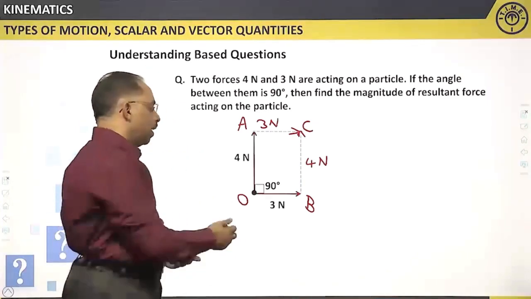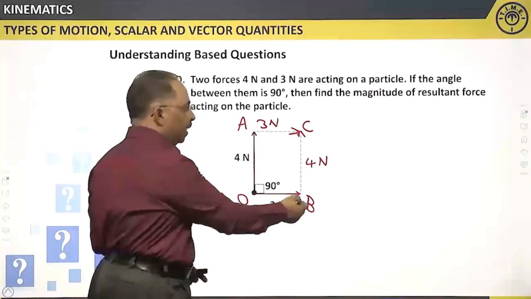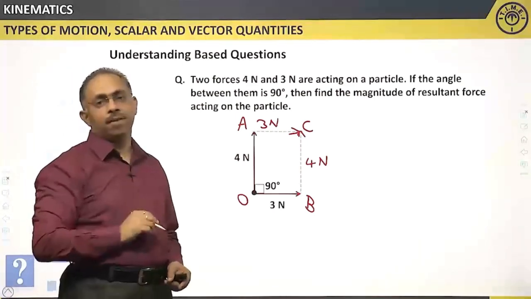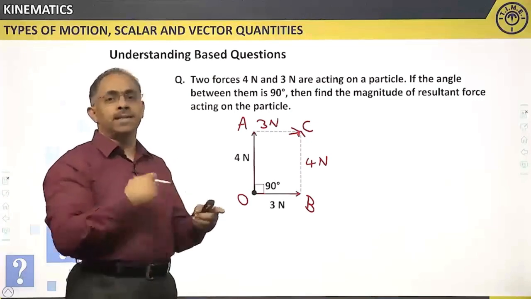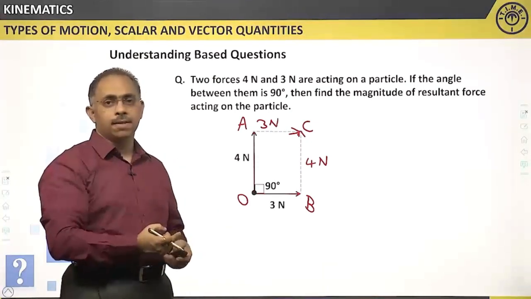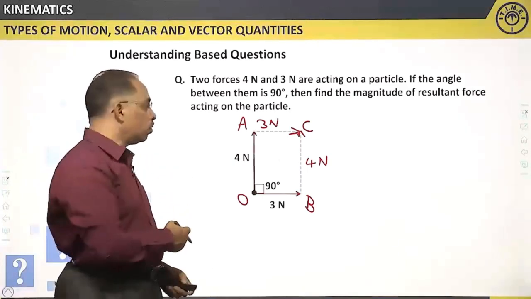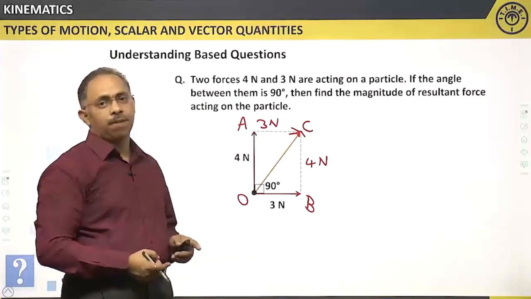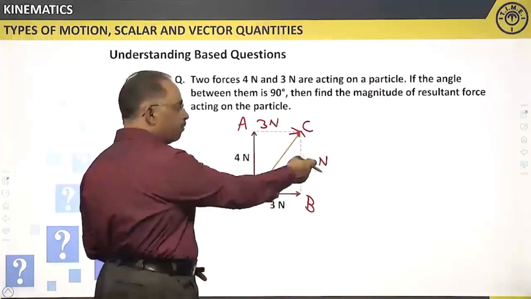If I consider the triangle OBC, then OB, BC and CO will be the sides. The third side is CO. I will take that CO in the reverse order. Clear? So, if I take CO in the reverse order, it becomes OC. So, O to C will give me the direction of the resultant as well as the magnitude. So, now 3 Newton, 4 Newton.